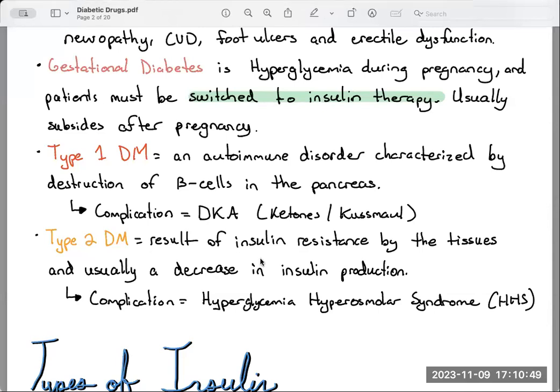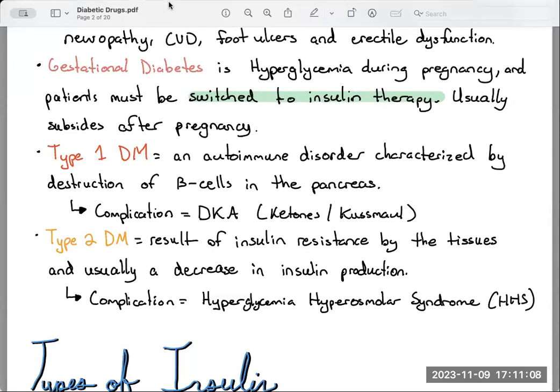Type 2 diabetes, every other drug besides insulin is pretty much just for type 2 diabetes. So all of those oral anti-diabetic agents that we're going to be getting into are for type 2 diabetes.